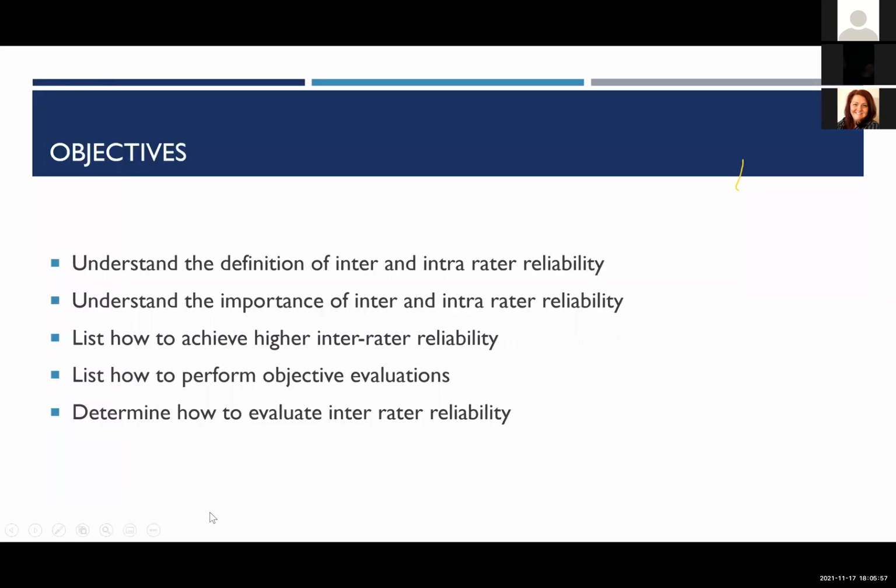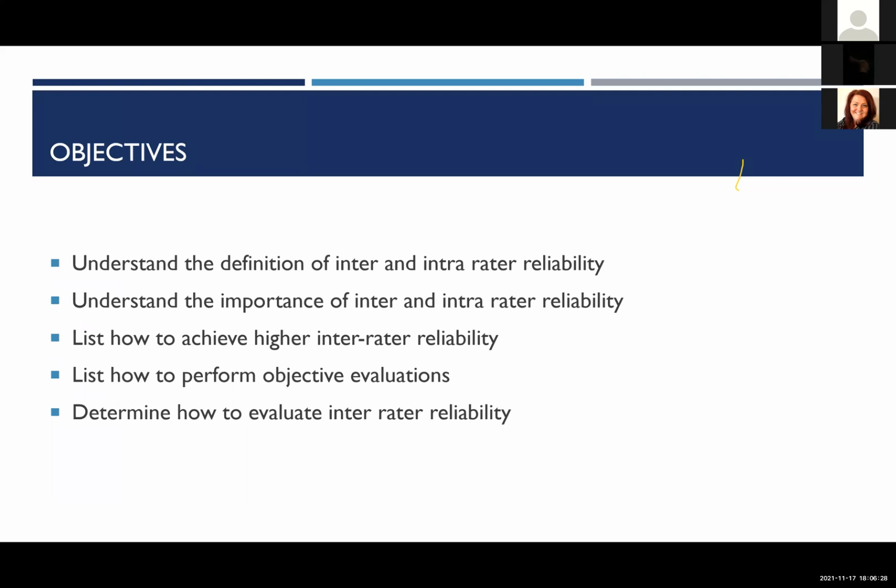Our objectives: certainly we want to make sure we know and understand the definition of both of those terms, inter- and intra-rater reliability. We'll talk about the importance of those and the value they might hold when we're delivering psychomotor evaluations in initial and even continuing education settings. We'll talk about how we can achieve higher inter-rater reliability rates and improve techniques to improve our inter-rater reliability.